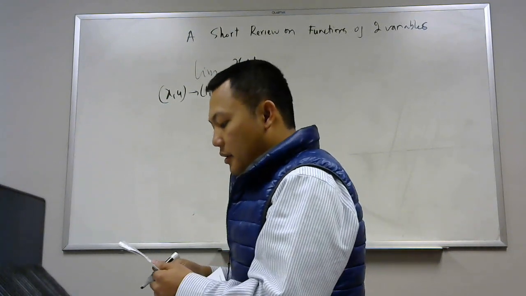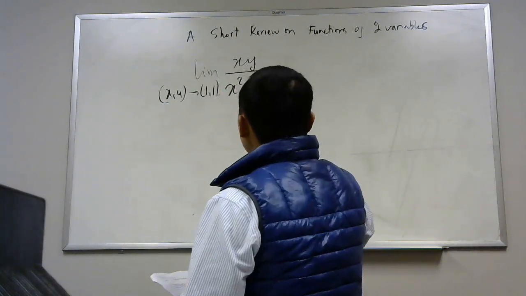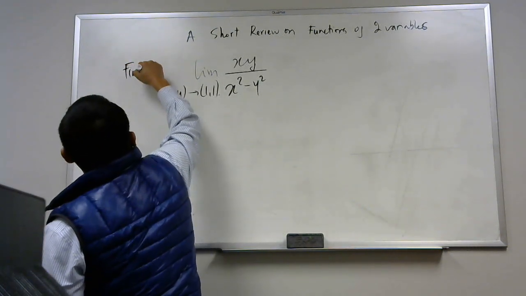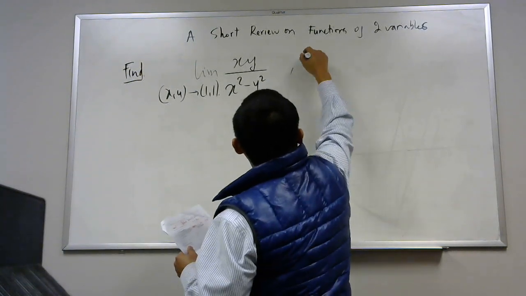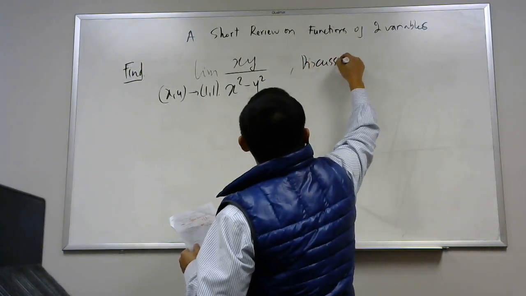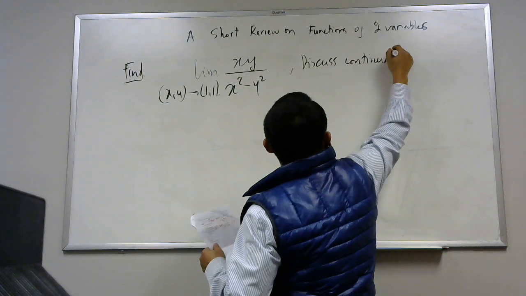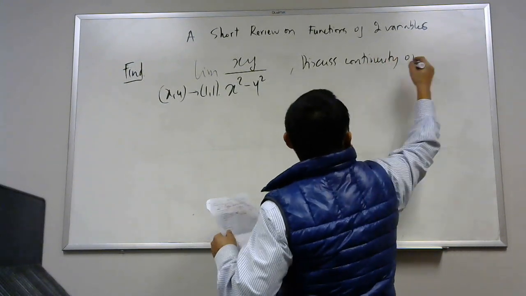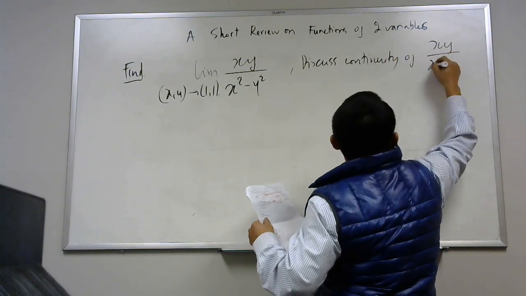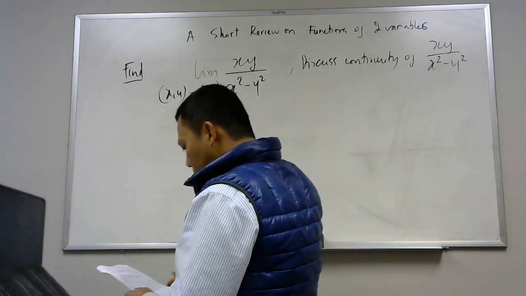And then we need to discuss the continuity of this function, xy over x squared minus y squared.